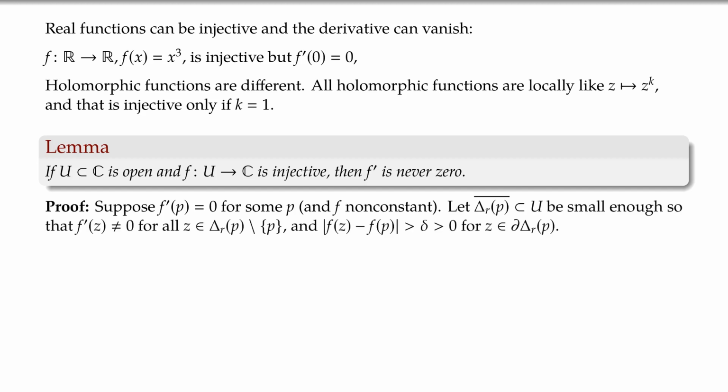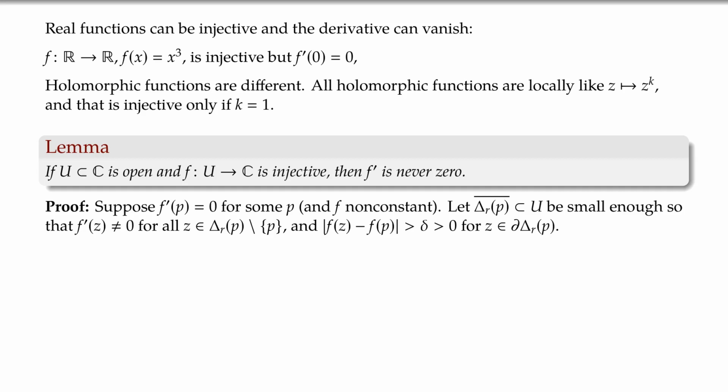All right, so let there be a small closed disk around P such that f prime does not vanish in this entire little disk, except at P, of course, right?